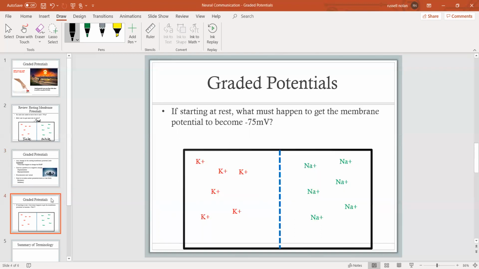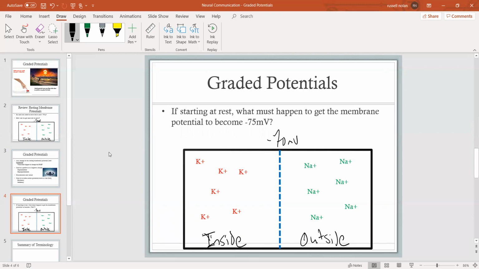So we have seen this image before, looking at the inside versus the outside of our cell, of our neuron. So I want you to think about this. If you are starting at rest, meaning we're starting at -70 millivolts, this is a question. I want you to try to apply this here. I'm telling you that you are in charge of this cell, and I want you to make the membrane potential, instead of -70, -75 millivolts.